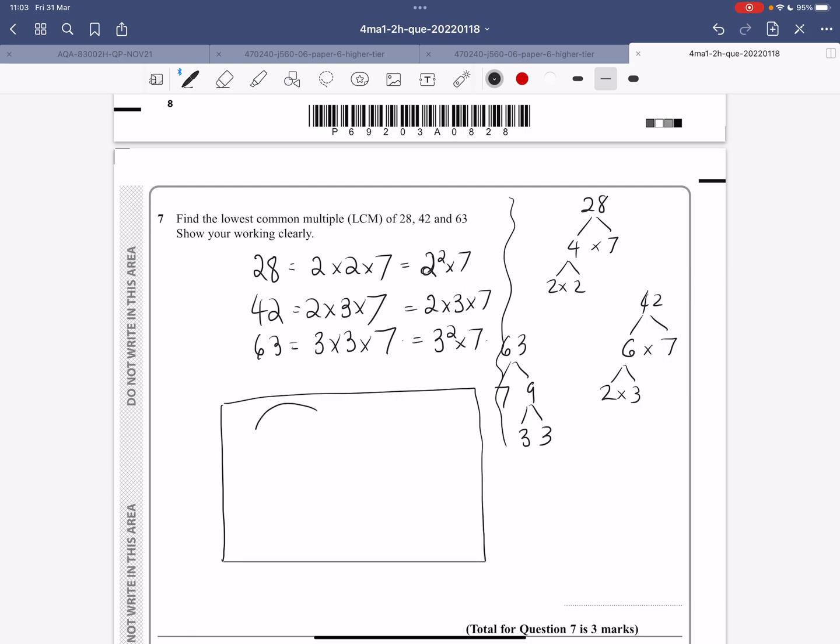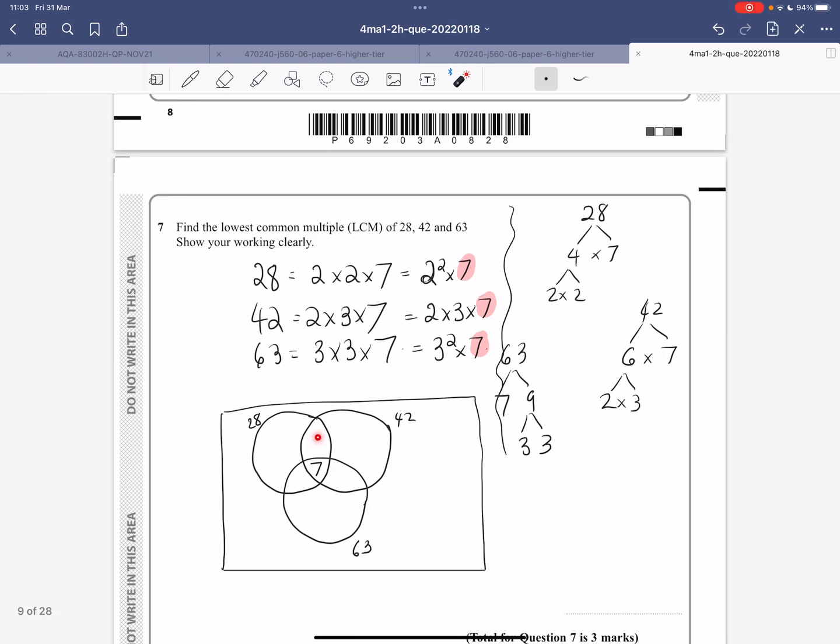Okay, so we've got the 28 in here, I'll put the 42 in here, and the 63 in there. So there's a common 7 in all of them, so that one's going to go in the middle. So in this here, that's common to all of them. There was 2 or 3s, there's no common 2 or 3.